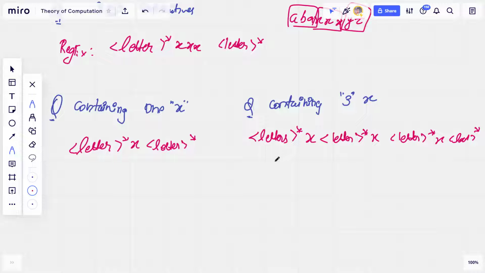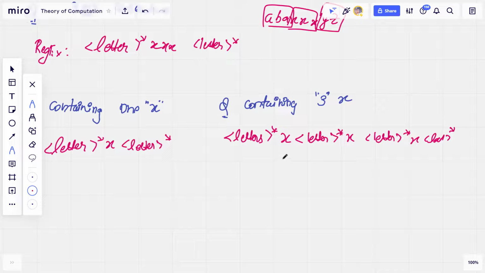Okay, so that's that. Let me write it. This moreover looks like a doctor's handwriting. Okay, and any number of letters after it. Cool. So this is a regular expression for it. Any number of letters before x, then x, any number of letters after it, then x, and so on.